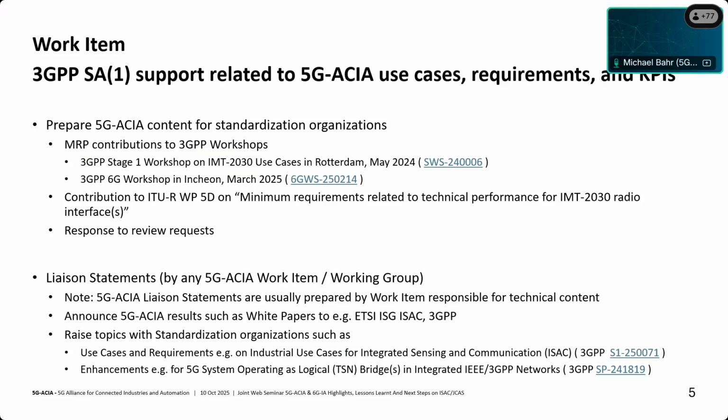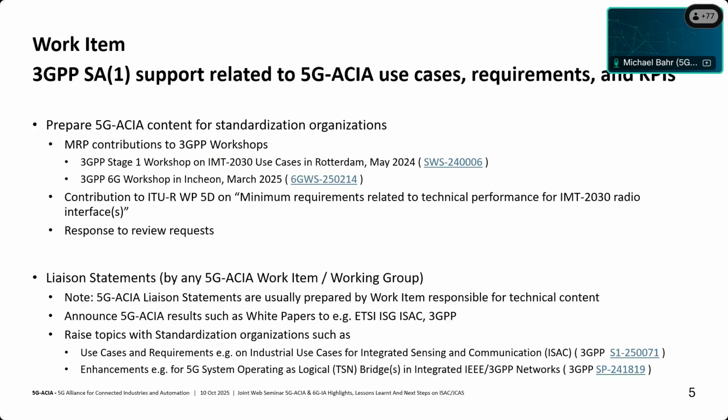You can find here the links. Also for the ITU-R work on the minimum requirements for IMT 2030, we provided a contribution as well. And of course, we react to any request or any communication by other standardization organizations or partners, like, for instance, your request of draft versions of specifications or other things.